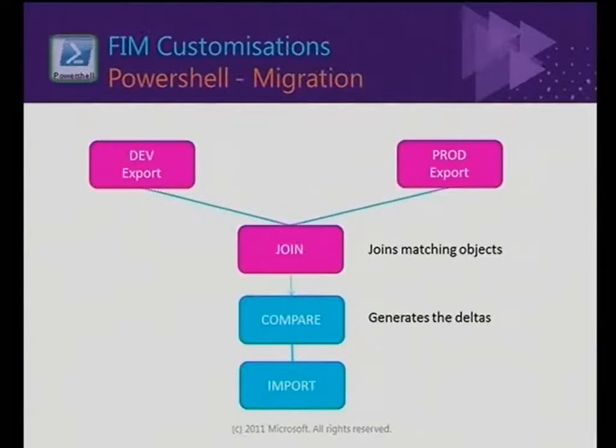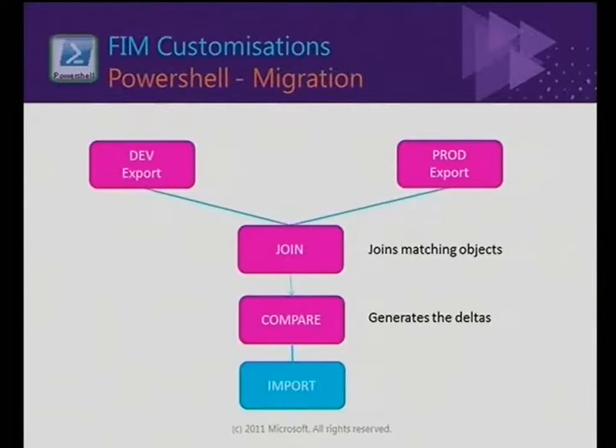You then run it through a join, and what that does is take the details from both of those exports and, based on join criteria that you supply, and I think by default it's display name for most objects, it'll actually match them up. And then you've got the compare, which takes those matched objects and generates deltas for import into your target system.